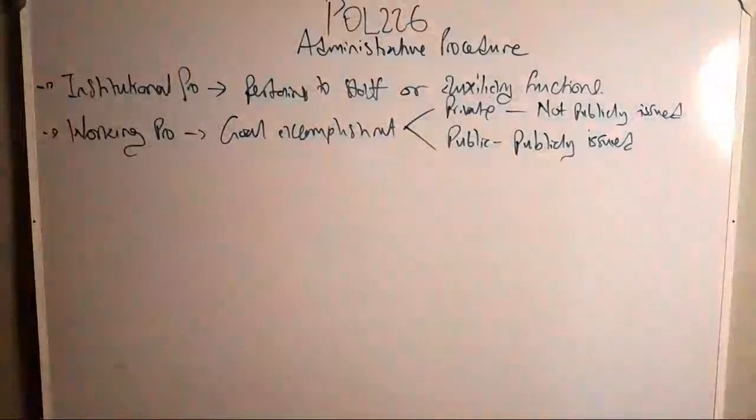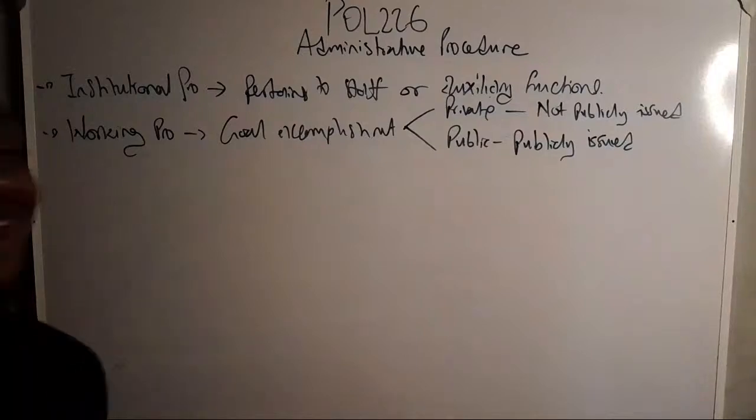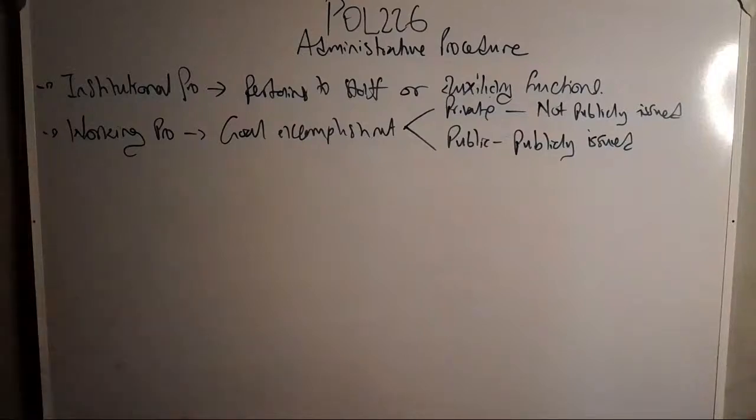So under working procedure, procedures meant for accomplishing an agency's particular objective are of two types: those objectives that are publicly issued and the ones that are not publicly issued. The ones that are not publicly issued are more like internal accomplishments.